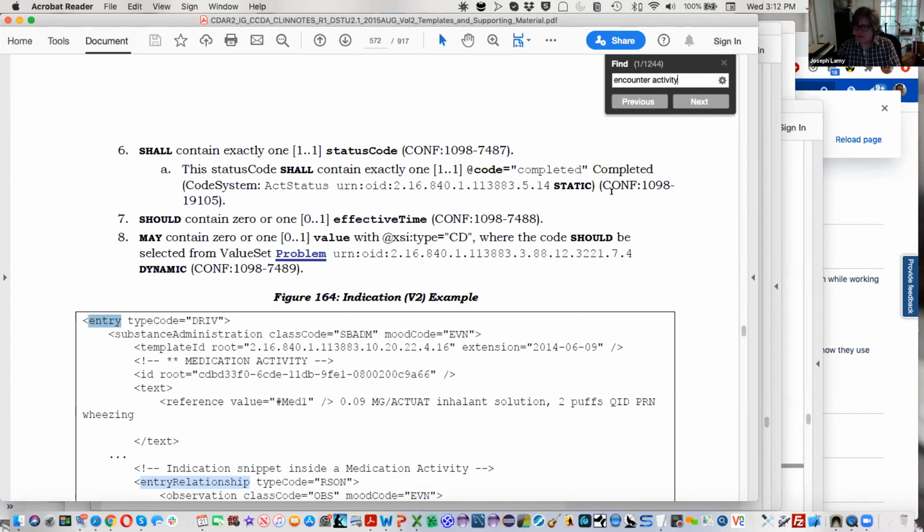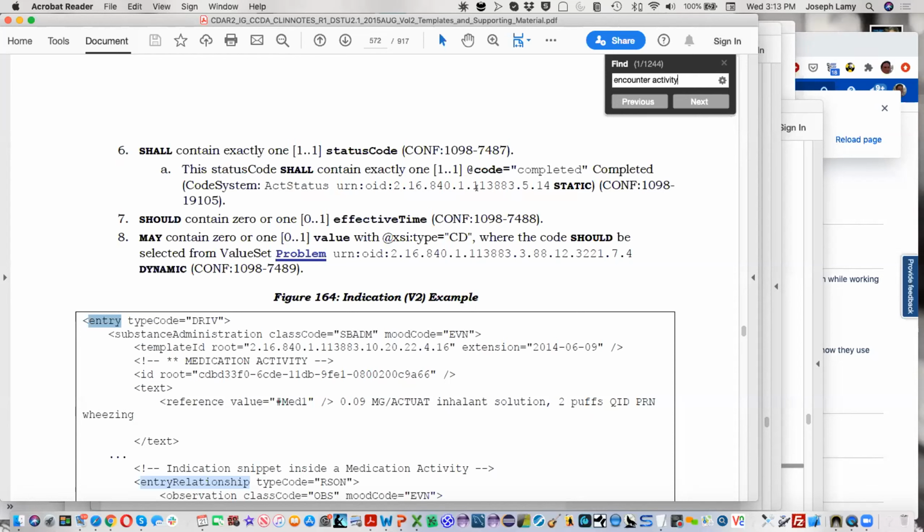But the use case we kept coming back to was you have labs that are outstanding and they come back after discharge. So it wasn't my understanding that you would update the encounter effective time high to include when those labs were done. So I guess I would have thought that the status code, if we had talked about it, might pertain more to the clinical encounter and not to the information gathering after it.